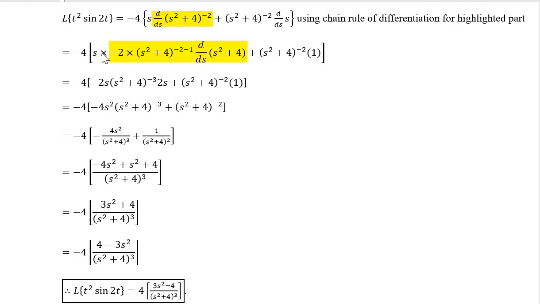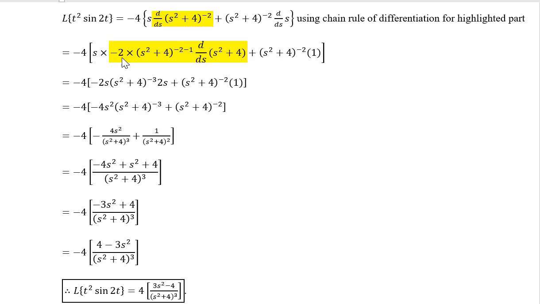Thus, Laplace of t square sin 2t is equal to minus 4 into s into s square plus 4 raised to minus 2's derivative, which will be minus 2 into s square plus 4 raised to minus 3 into derivative of s square plus 4. Plus, this is as it is and derivative of s with respect to s is 1.